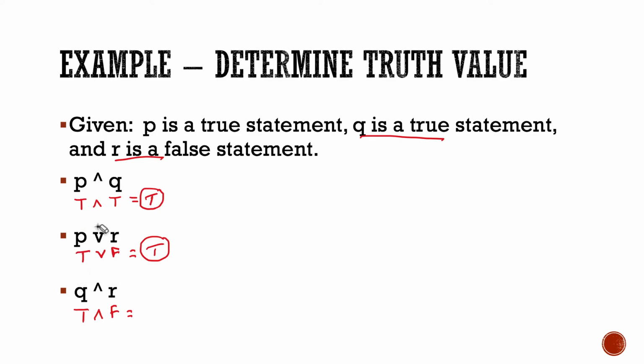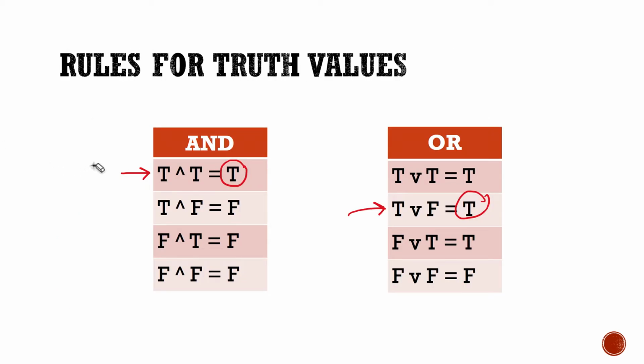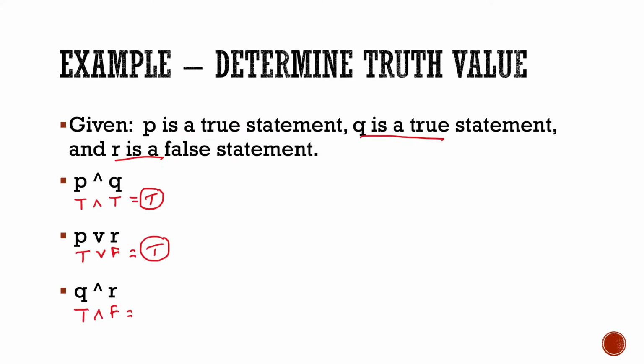I'm now going to go back to my and table, and I'm looking for true and false. So here we go, true and false, and that's going to equal false. Okay, we're going to continue this same problem on the next slide.